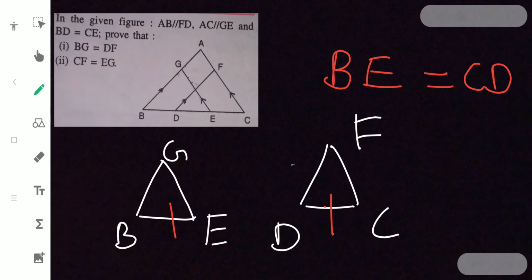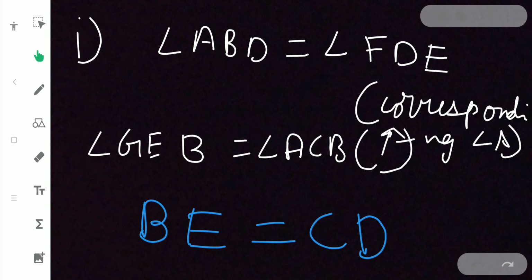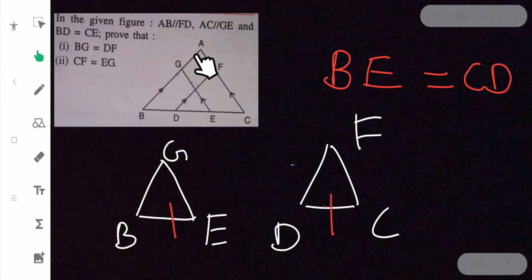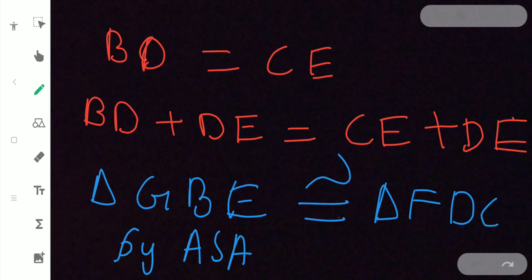Now I should check whether the names are matching with each other: GF and BD. So the lines or the angles that I have proved over here are matching with each other, so my congruent proving is correct. And at last we should write a reason also, by angle side angle. We have to write it by angle side angle.